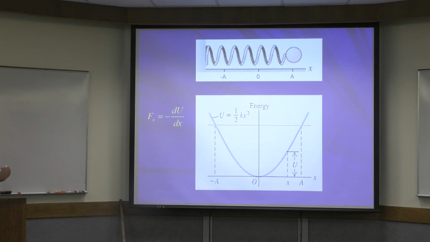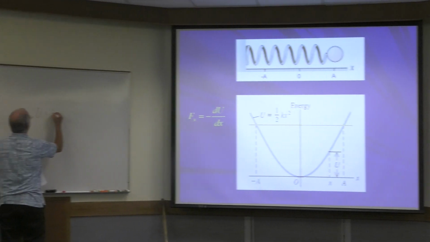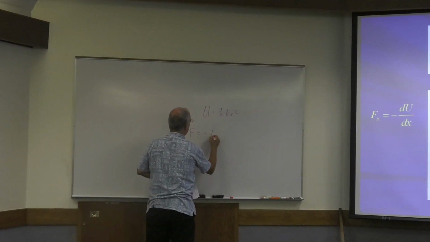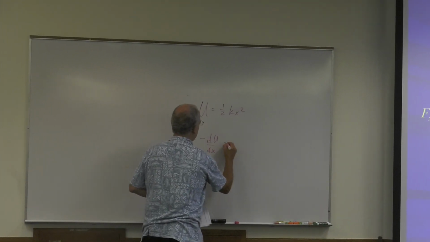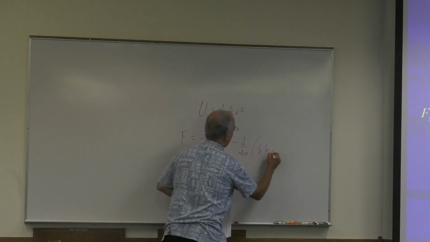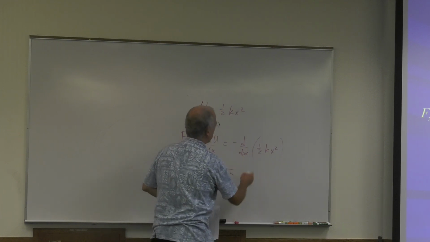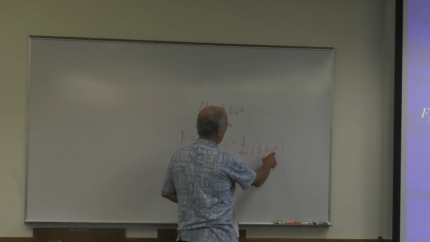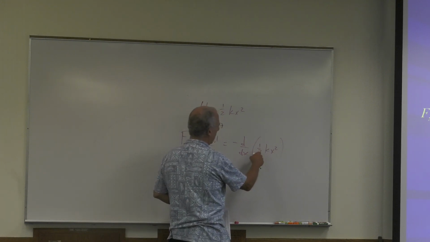All right, we're back. Okay, so U is 1/2 kx squared. So the force equals minus du/dx. So that's minus d/dx of 1/2 kx squared. What's the derivative of x squared? It's 2x, so it kills the half.